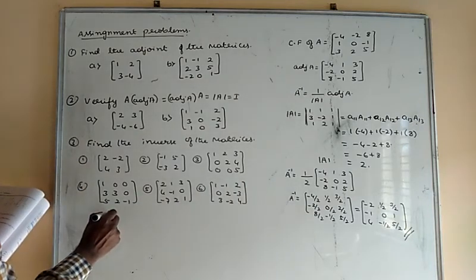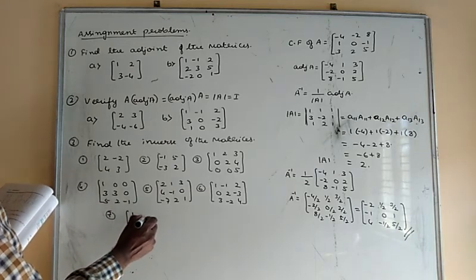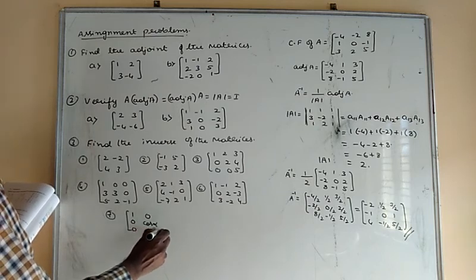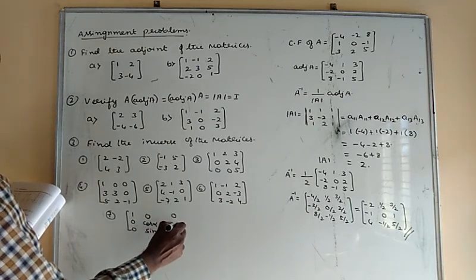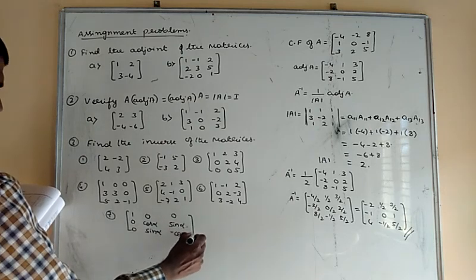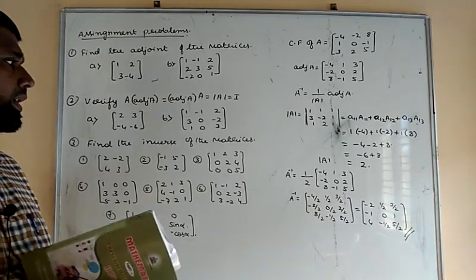Then the last problem: 1, 0, 0, 0, cos alpha, then sin alpha, then 0, sin alpha, then minus cos alpha. So these are the assignment questions. You have to solve the problems.